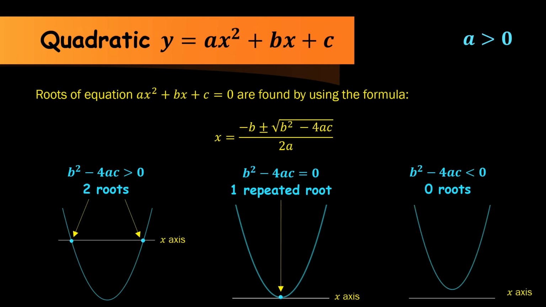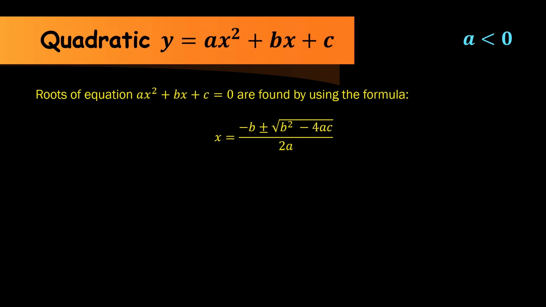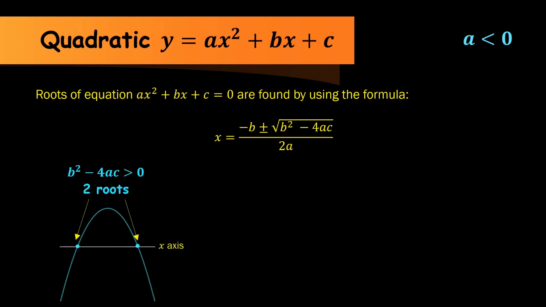Now when a is less than 0, the scenario is similar. However, the curve is the other way round. So again, when b squared minus 4ac is greater than 0, we have two real roots. When b squared minus 4ac equals 0, we have one repeated root.